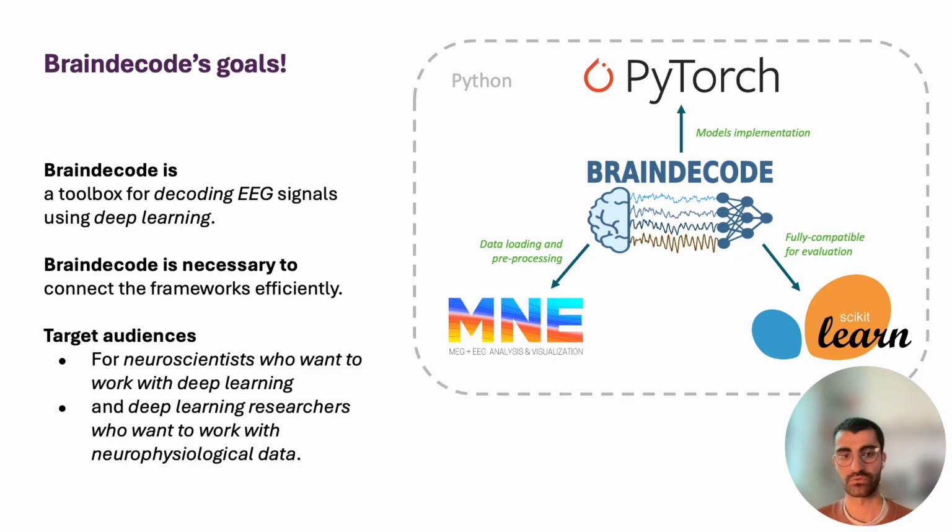BrainDecode is really meant for two main target audiences. Either if you're a neuroscientist that wants to start working with deep learning models, we will make that easier for you because you will have a collection of deep learning models available to you with just a few lines of code very easily.